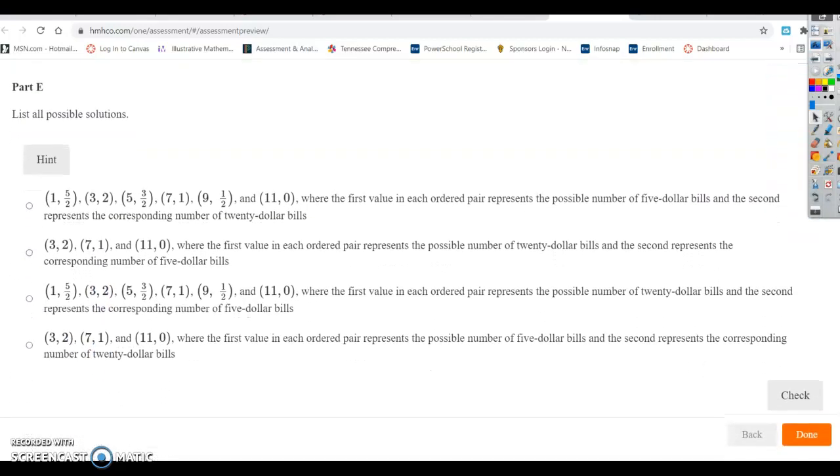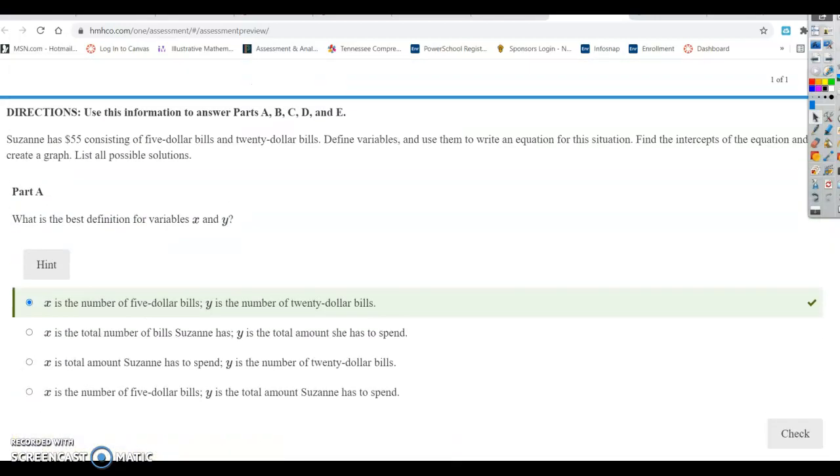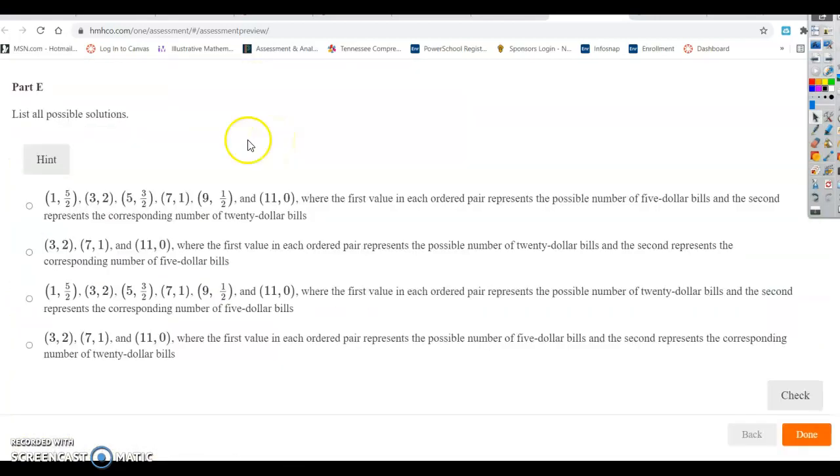List all possible solutions. We're talking about possible solutions for $5 bills and $20 bills, so we know they have to be whole numbers. They can't be fractions. You see these 5 halves and 3 halves, so we can eliminate those automatically. It's got to be either the first one, the second one, or the last one.